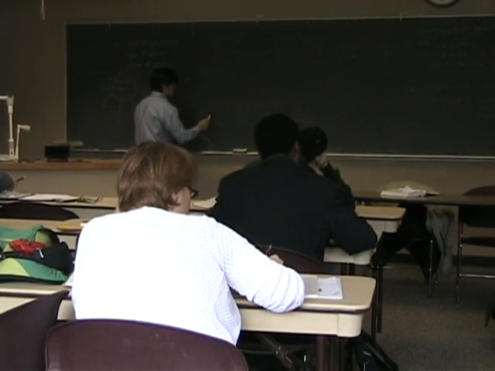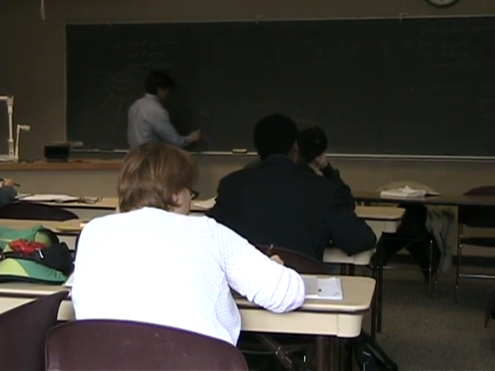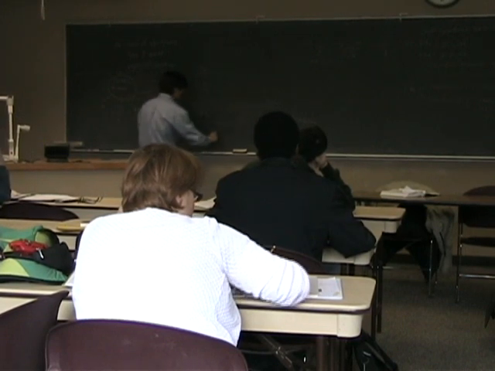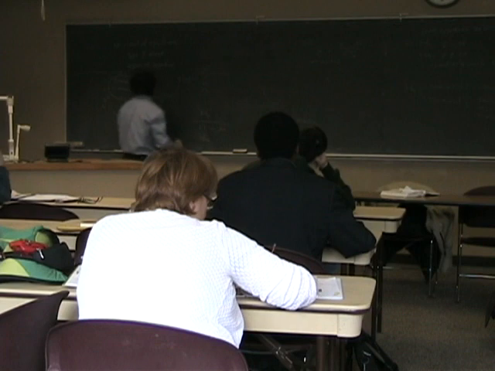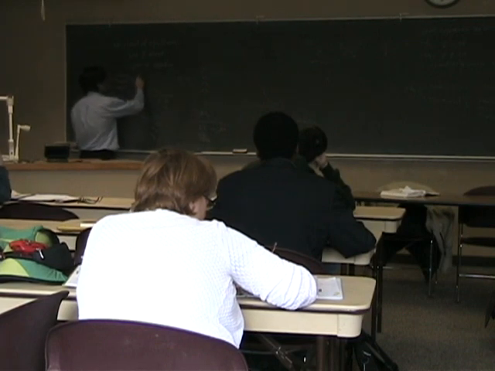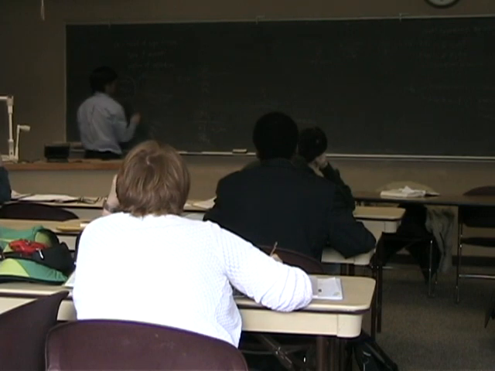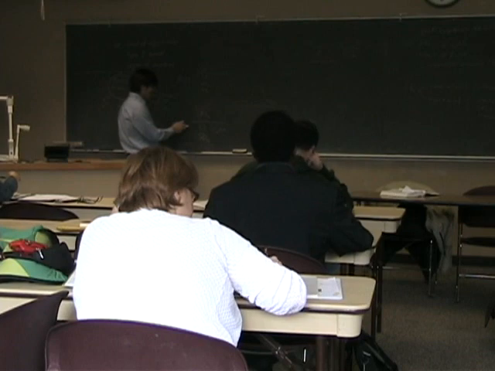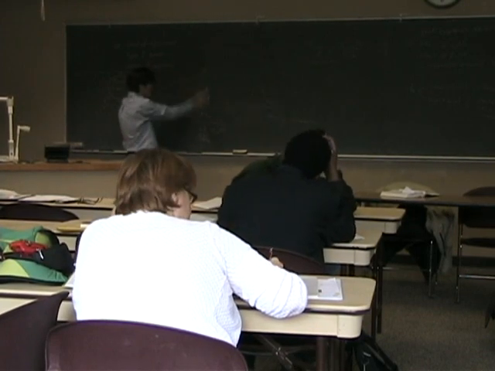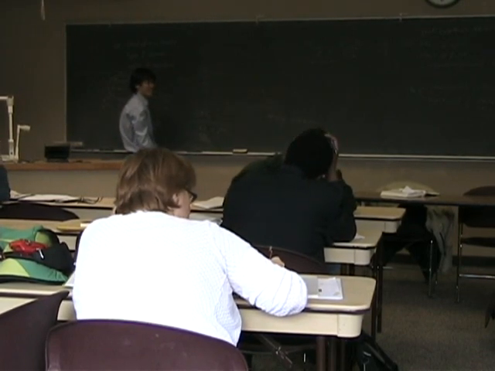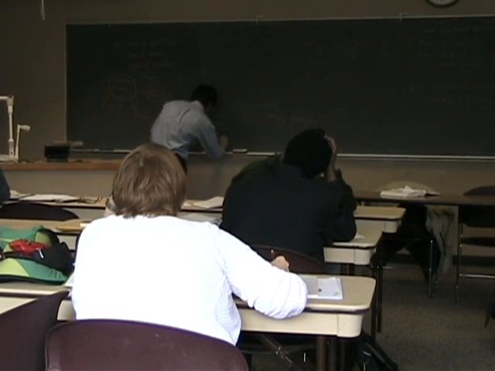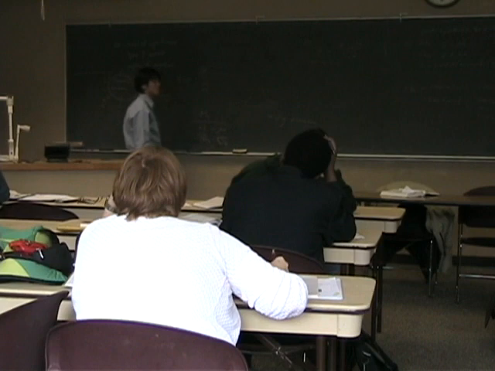The textbook tells us the mean of all the means equals mu. What is mu? The population mean. And what is the standard deviation of the sampling distribution? The textbook says standard error.